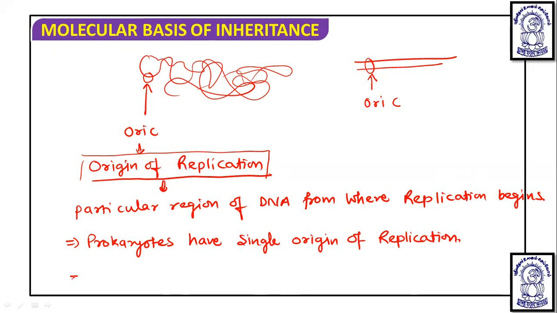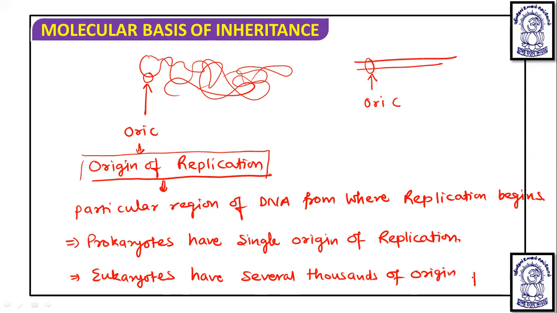Whereas on the other hand, in eukaryotes, they have several thousands of origins of replication. So it is the point from which the replication is going to start.